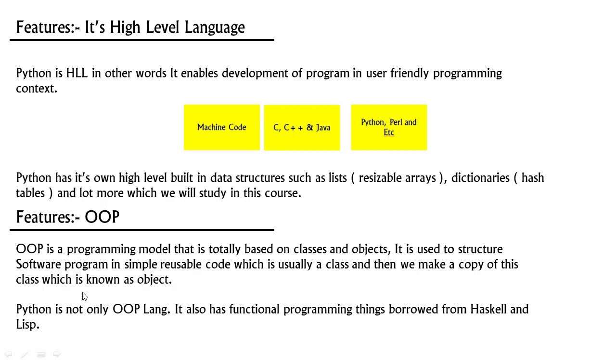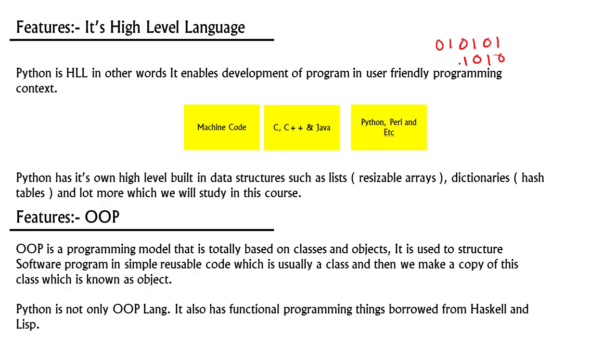So what is a high-level language? This is the first thing. In early eras, when programming started, we used to write code or give instructions to the computers in a 0-1 format, means binary format, like this.